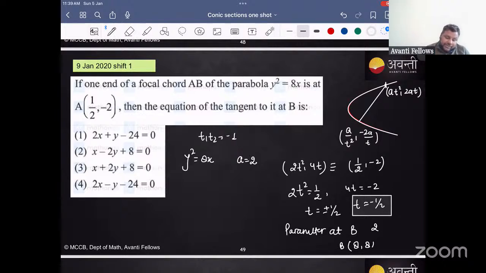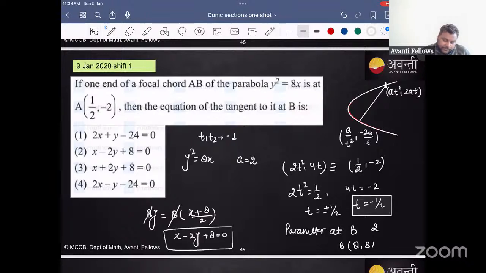Now equation of tangent at 8 comma 8 will be 8y equals to 4 times x plus 8. This 4 cancel. So it is x minus 2y plus 8 is equals to 0.